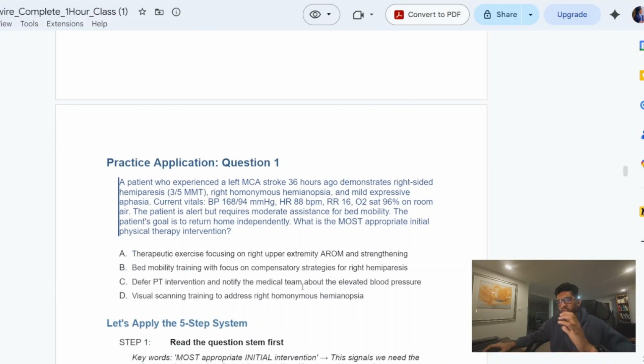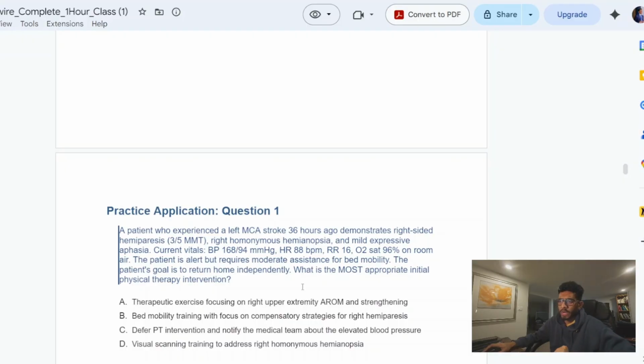Okay, so to get this into its essence, we'll try to clear this one question. A patient who experienced a left MCA stroke 36 hours ago demonstrates right-sided hemiparesis, right homonymous hemianopsia, mild expressive aphasia, with current vitals: blood pressure of 168/94 mmHg, heart rate of 88 beats per minute, respiratory rate of 16, and O2 saturation of 96% on room air.